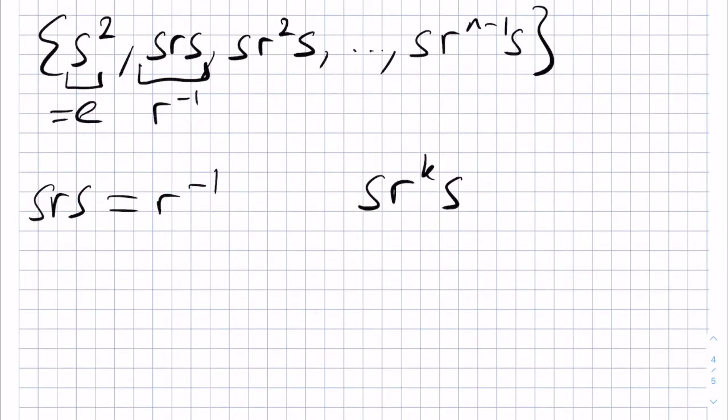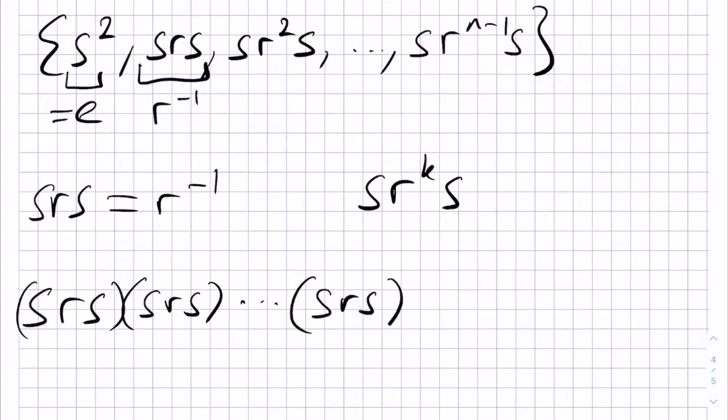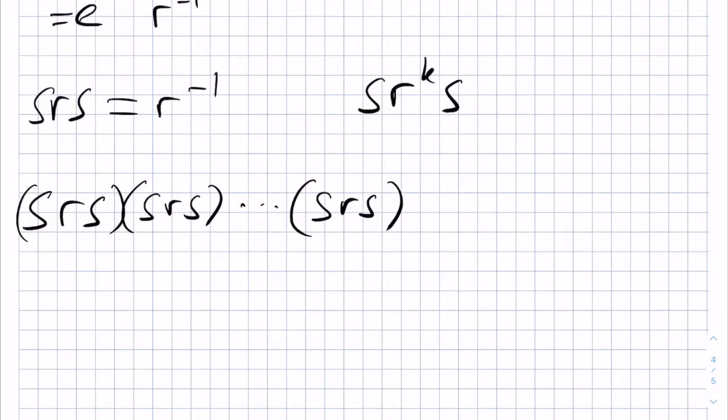Well, indeed we can, by noticing that if we multiply srs together k times, then we have these s squareds that appear between adjacent terms. Since s squared is equal to e, we will have all of these cancelling in the middle, giving us an e each time, which disappears because it's the identity.